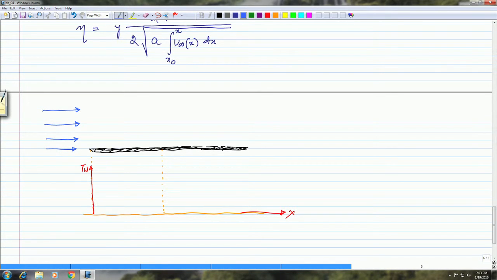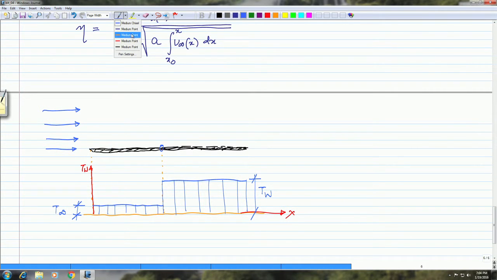Now here, this bit is nothing but T infinity, and around this point there is a jump, and this is the wall temperature.